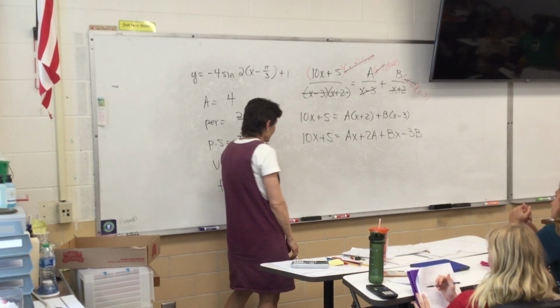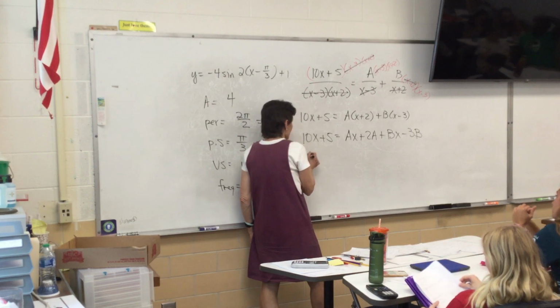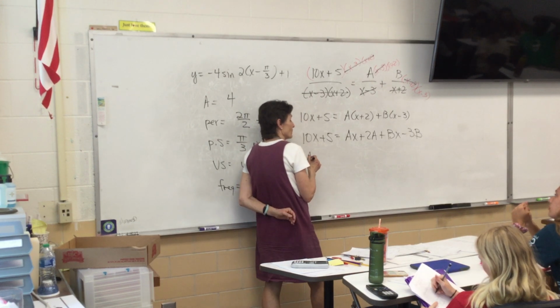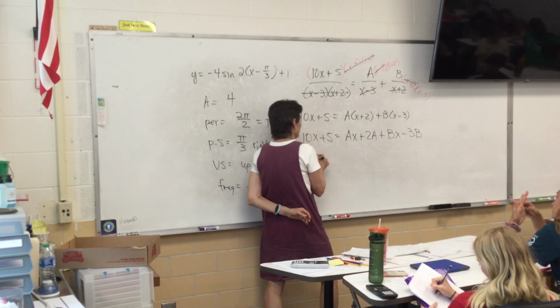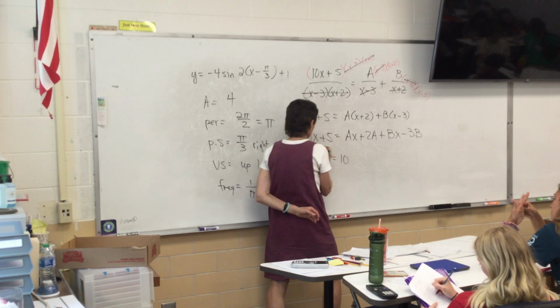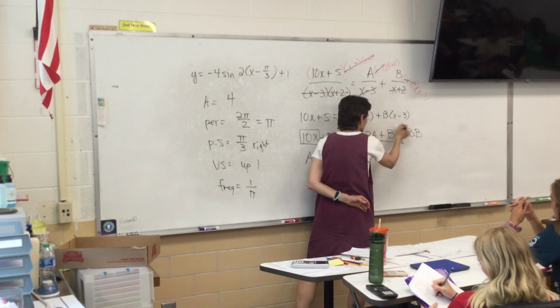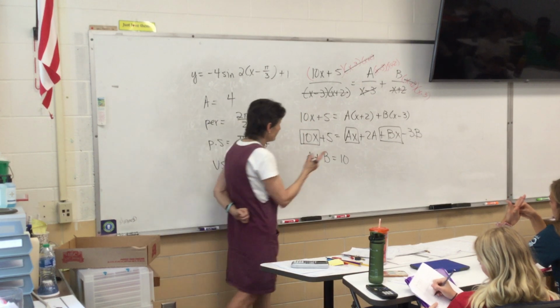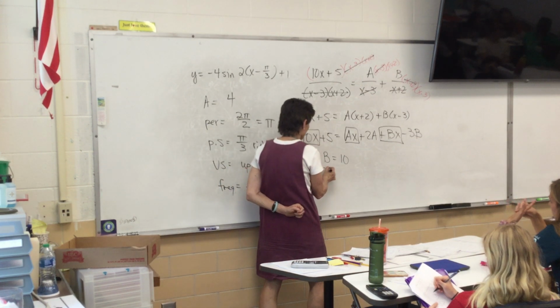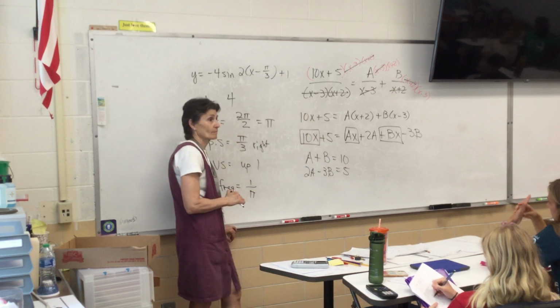Izzy? Don't you take like Ax plus Bx and then equals 10x? Exactly. The x's aren't going to be part of anything, so A plus B has to be 10. This term has to add up to these two terms. And then similarly, 2A minus 3B has to add up to 5.